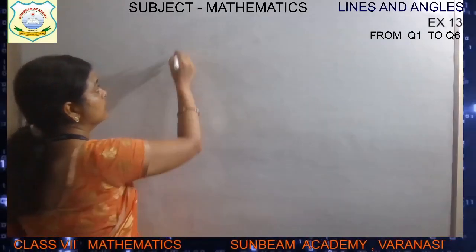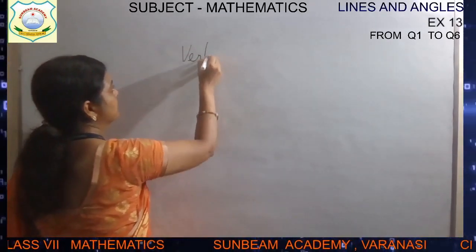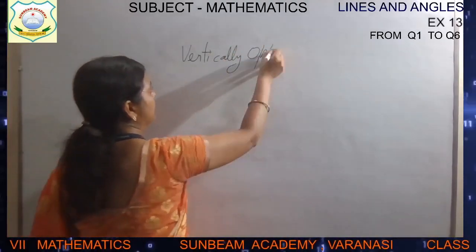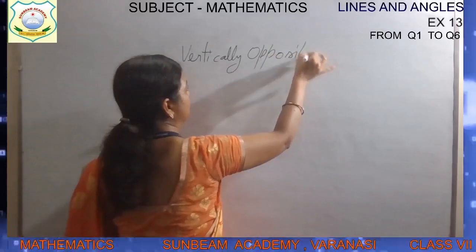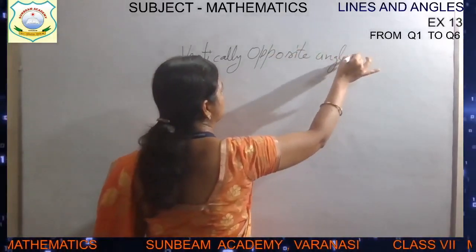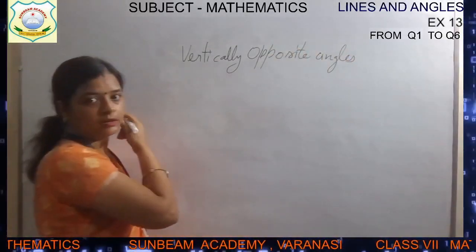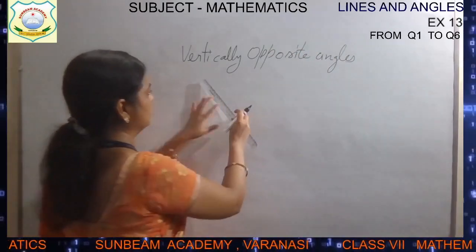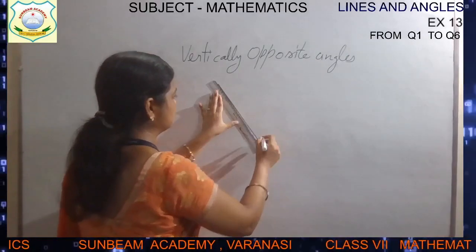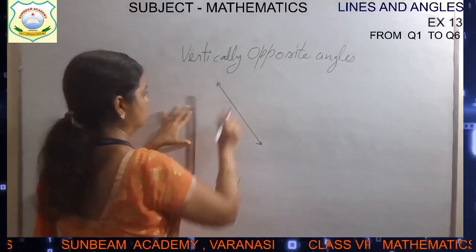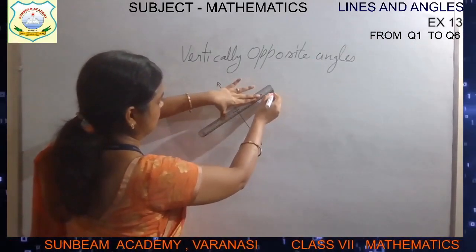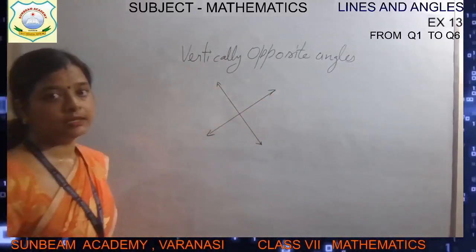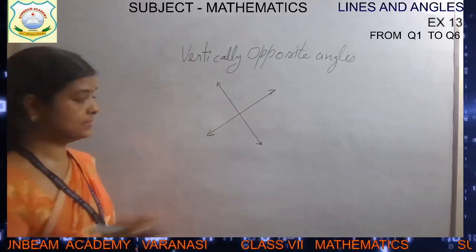Now vertically opposite angles. Vertically opposite angles say that if two lines intersect with each other, they will make 4 angles.